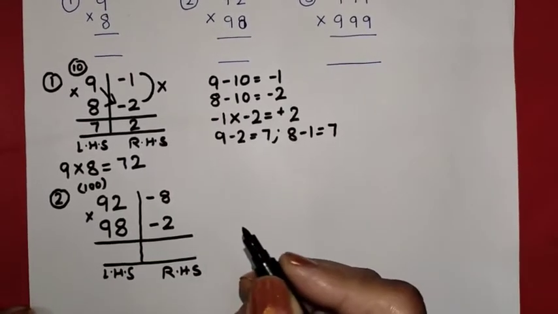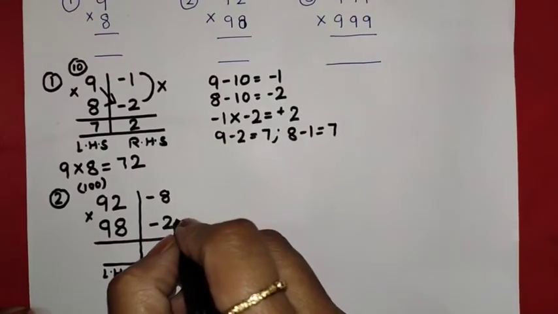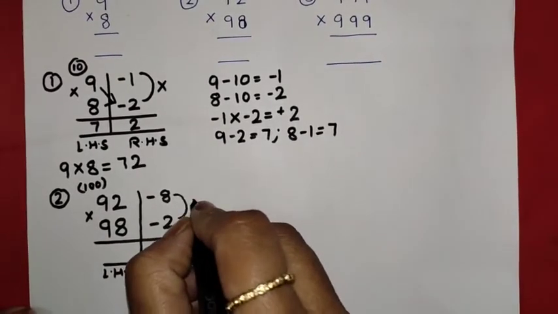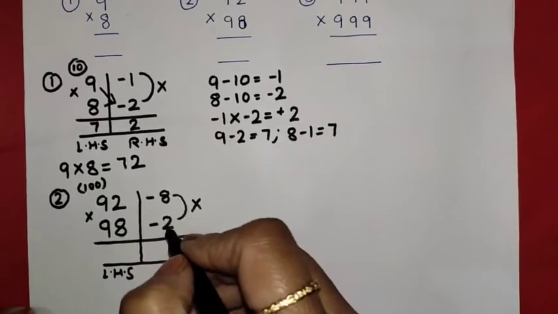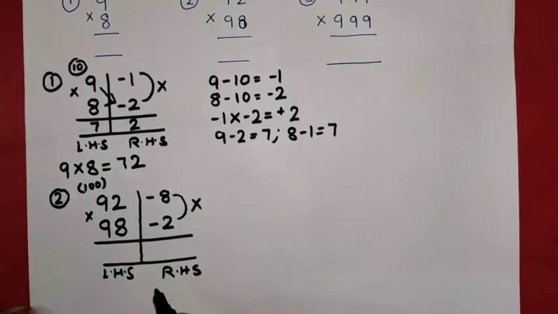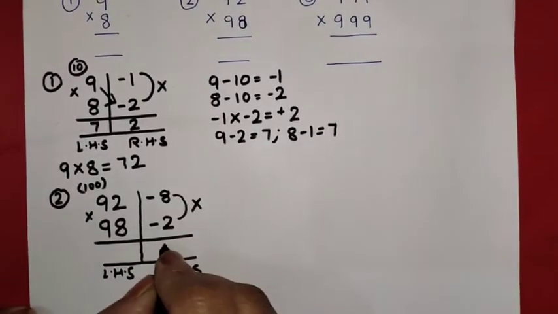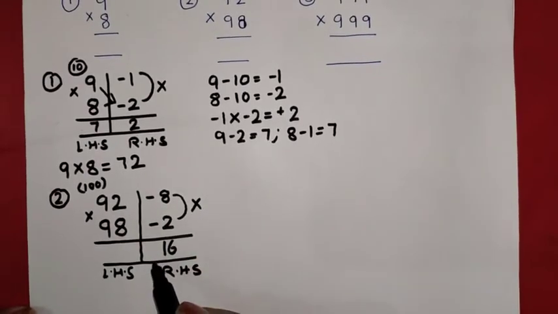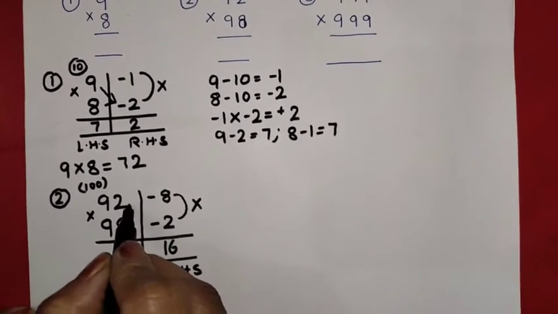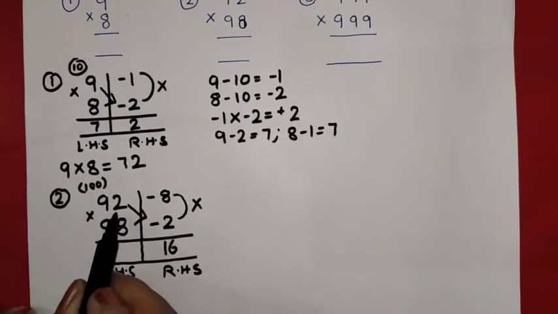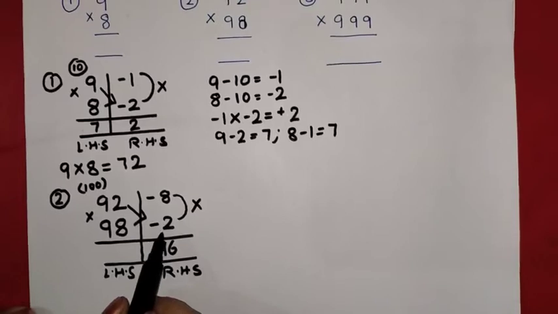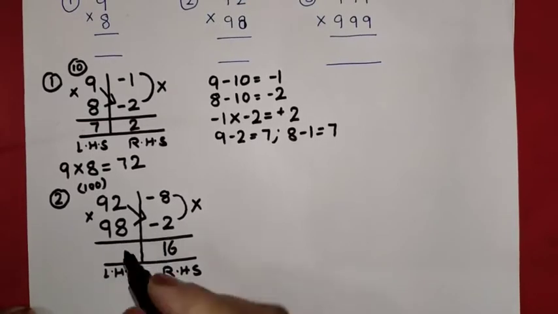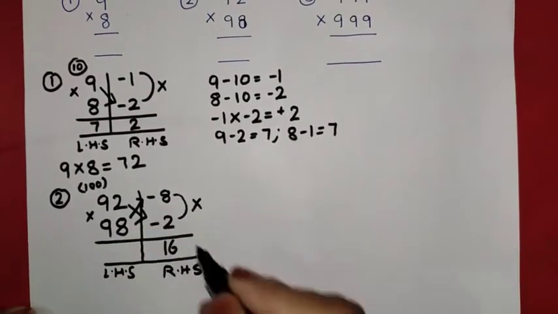Right? Now you know what we have to do. We will simply multiply these two differences to find the right hand side answer. 8 2s are 16. Minus minus will become a positive sign, right? And to find the left hand side, we will find the cross difference, any one of two. Either you can do 92 minus 2 or you can also do 98 minus 8.